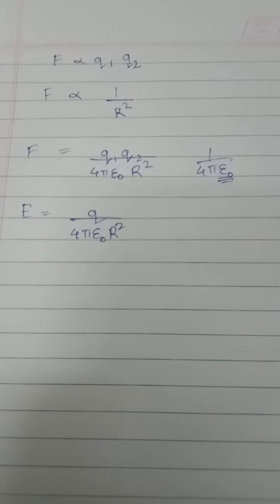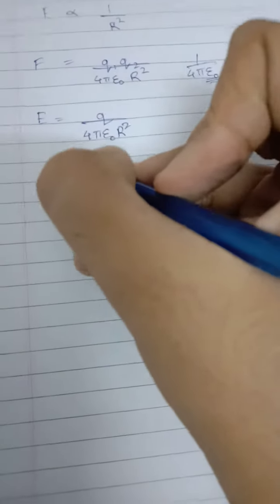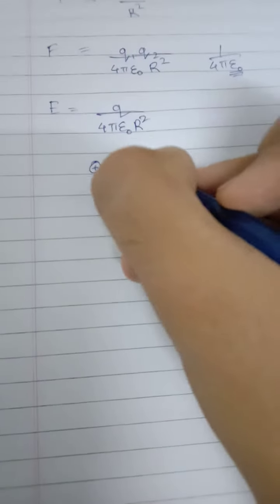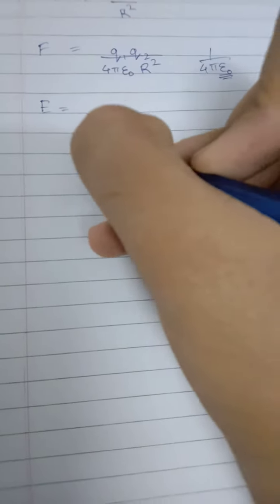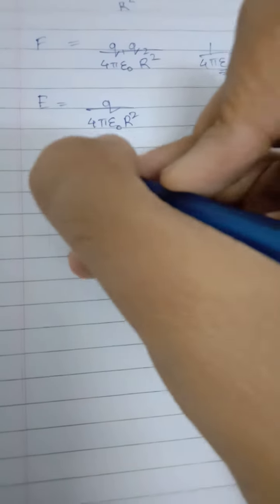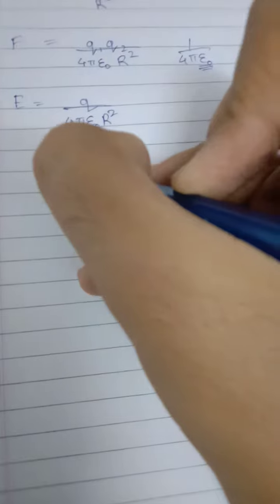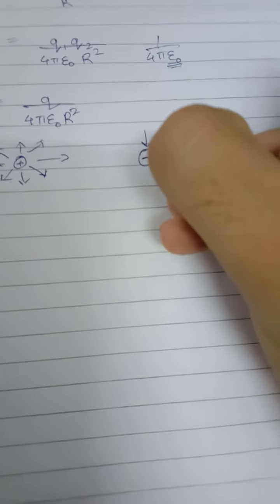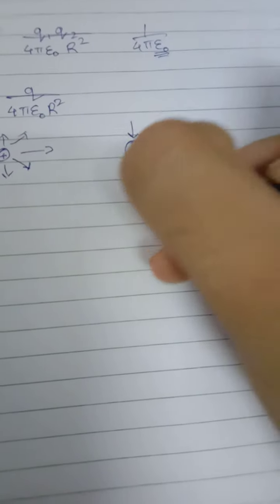Now the electric field is a vector quantity, which means it has a magnitude and a direction. So the basic convention is that if we have a positive charge, the electric field radiates outwards from a positive charge, and if we have a negative charge, the electric field converges into the negative charge.